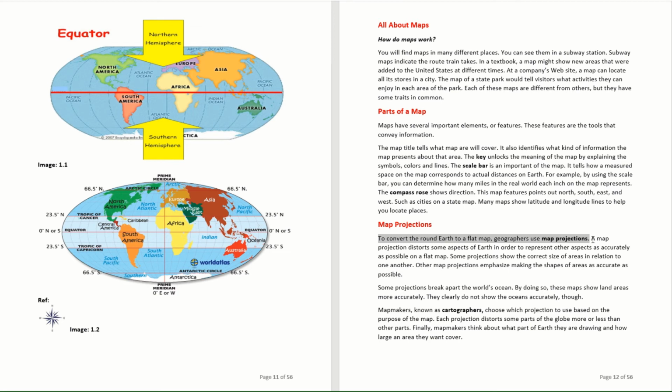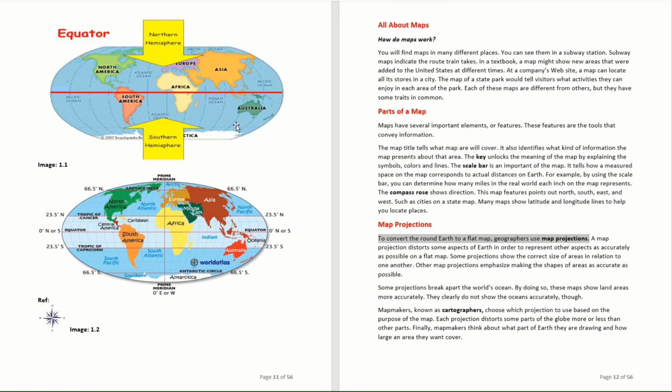As I told you before, maps can distort the information, the reality. Here also, while it's in a flat form, we can distort, because we are changing the round shape into a flat shape. A map projection distorts some aspects of Earth in order to represent other aspects accurately.